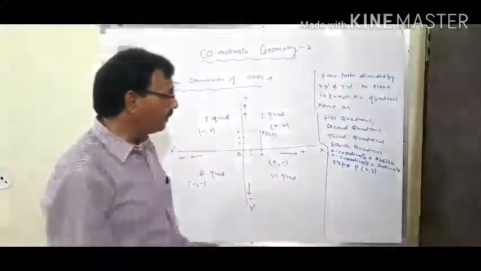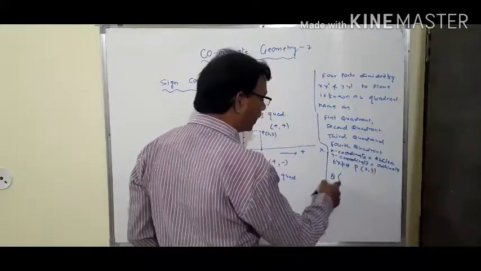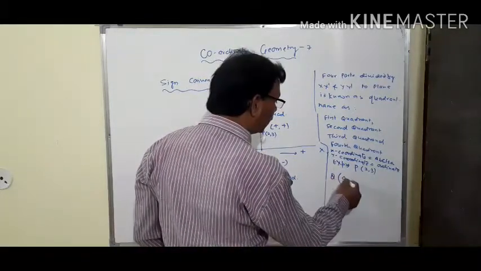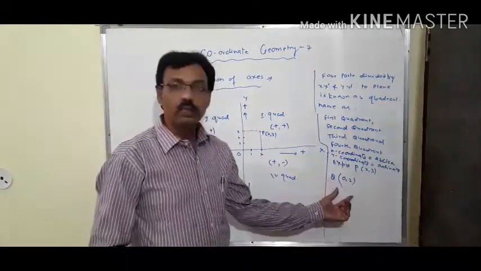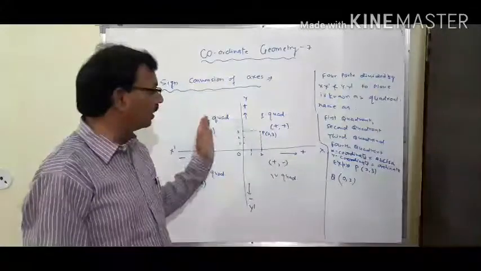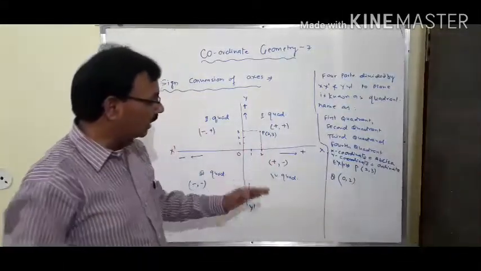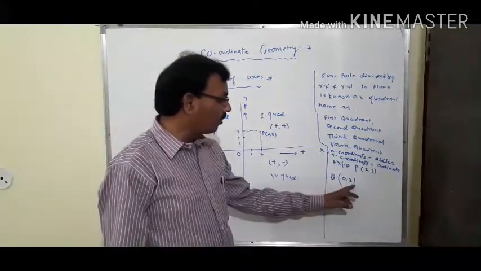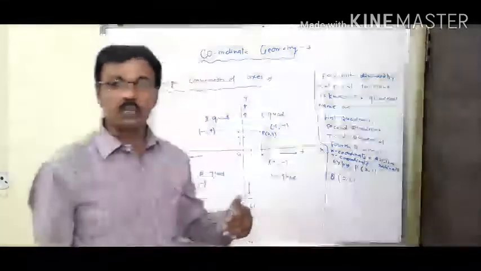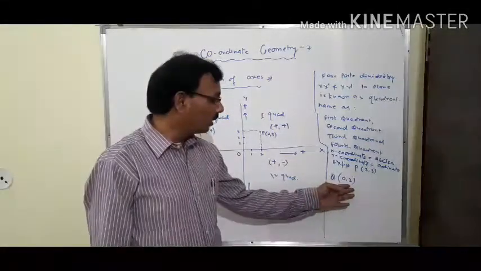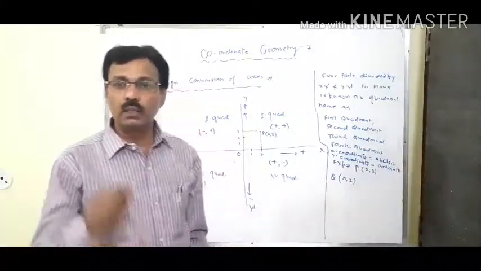But if a point like Q has coordinates 0, 2, then that type of point never lies in any quadrant. For Q (0, 2), the x coordinate, that is the abscissa, is 0 and the y coordinate, that is the ordinate, is 2, so this point lies on the y-axis.